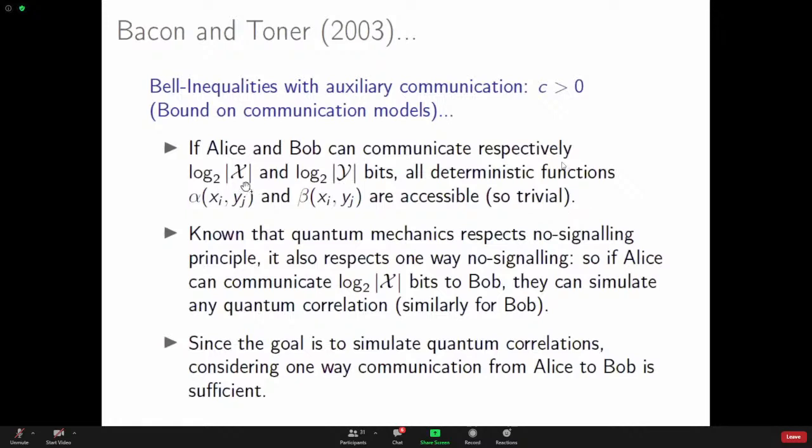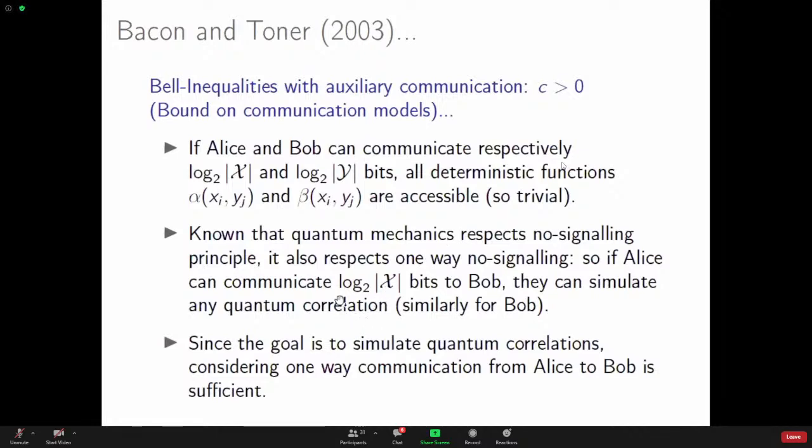So one can understand this: Alice or Bob should not be allowed an amount of communication which can transfer all the information about their measurement. If, for example, Alice is allowed to send this many bits, then basically she's sending in each run which measurement she is performing. So then it becomes trivial.